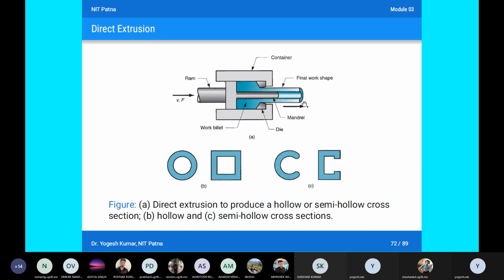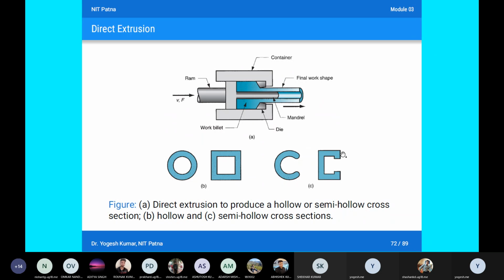Under the direct extrusion process, there are a number of cross sections that can be produced. Here you can see circular cross section and hollow circular cross section can be produced. Then rectangular hollow cross section can be produced. Then we have semi hollow cross section, C shape. These types of shapes can be produced using extrusion processes.